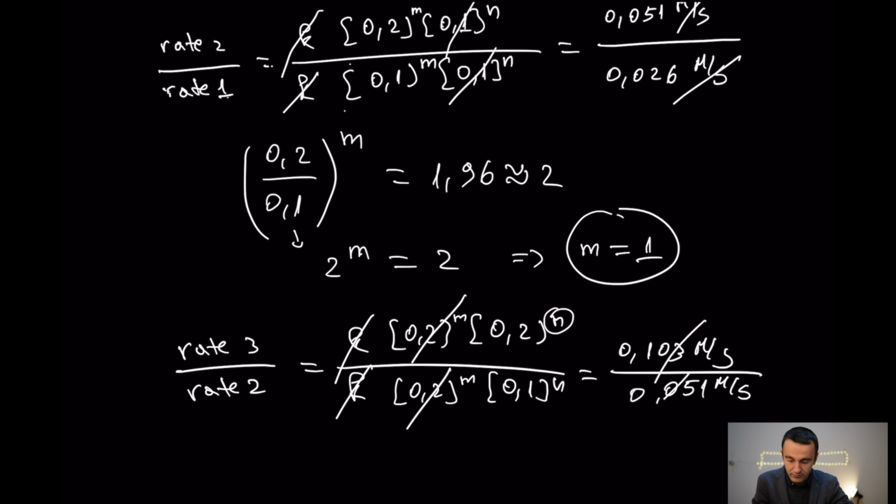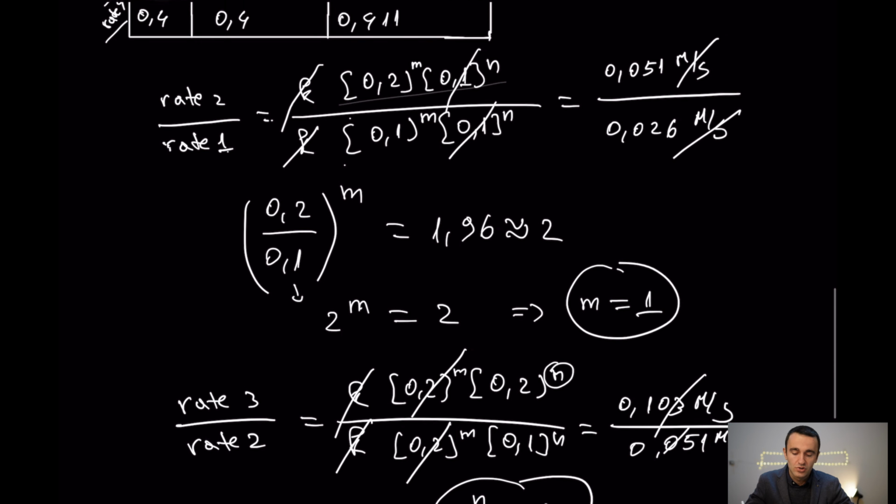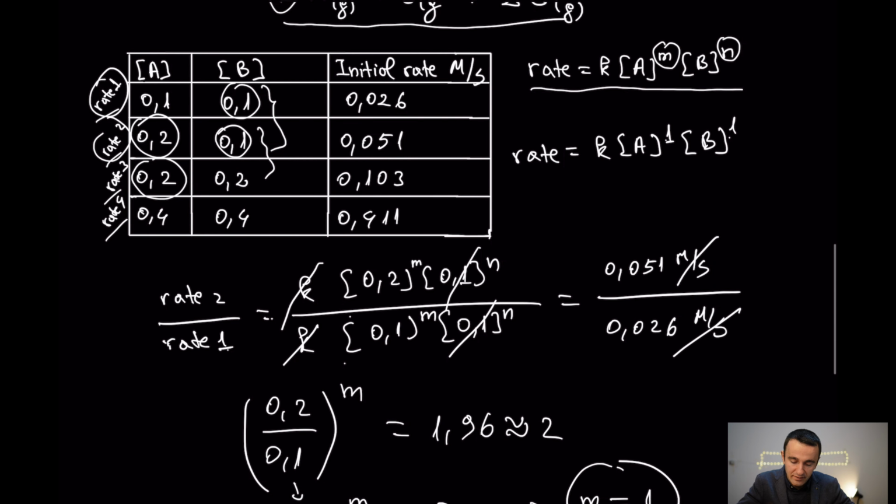And here we are going to divide this one. So we have again 0.2 divided by 0.1 is going to give 2 to power n equal to 2. So n is going to be 1 in order for this to be equal. So again, we found that the order with respect to B is 1.